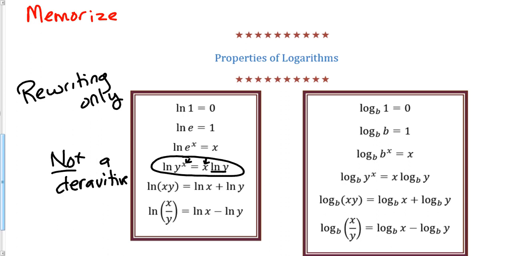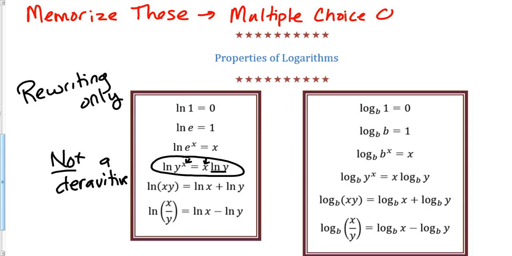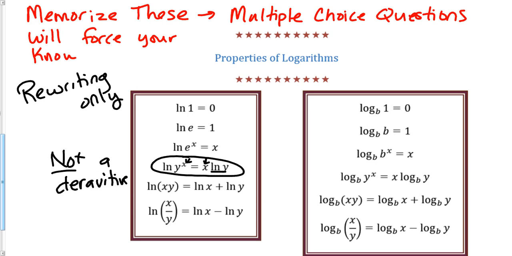And you need to memorize these because although it does make your life easier, sometimes you will be given multiple choice questions by us where you will be forced to know these rules. So you do need to know them. So again, you start seeing some multiple choice questions. On to the next page.